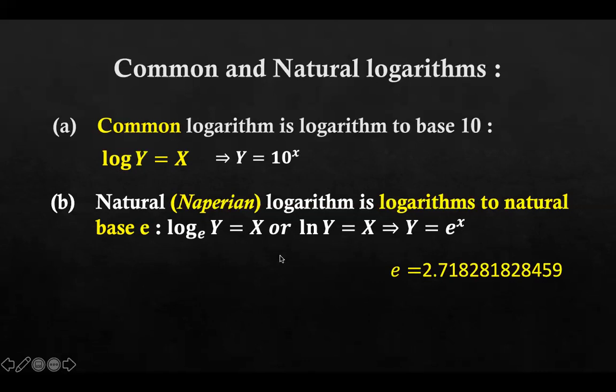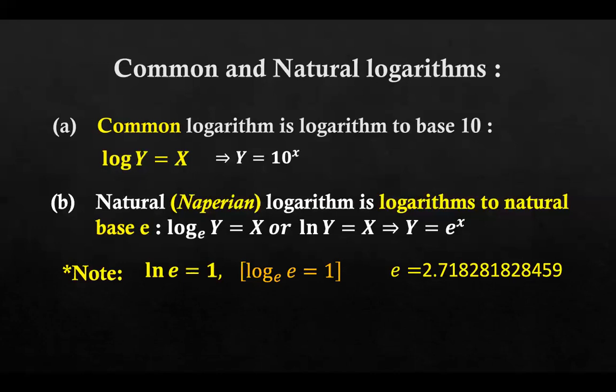There are some notes that we need to know. There are three notes here. First note: ln e is 1. ln means natural log. Why is ln e 1? Simply because log to the base e of e equals 1, just like log base 2 of 2 equals 1. If the base and the value are the same, you get 1.